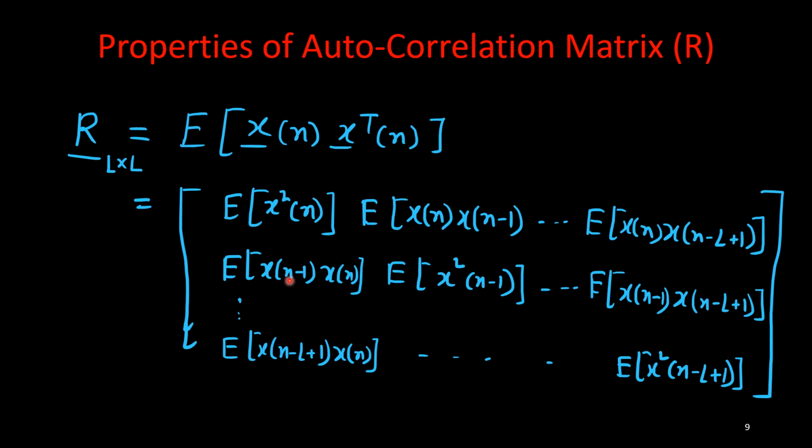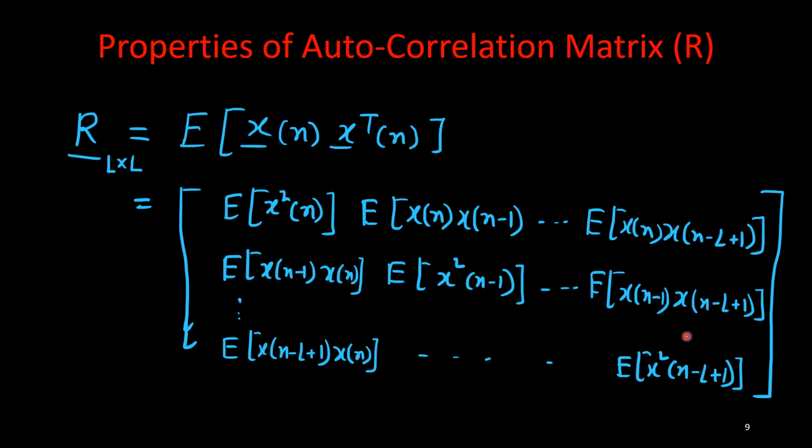In the second row, similarly, we start with x of n minus 1 and multiply with all of xn, xn minus 1, xn minus 2, and so on. So the first entry is the expected value of xn minus 1 times xn, the next is the expected value of x squared n minus 1, the next is the expected value of x of n minus 1 times x of n minus 2, and so on. The last element in this row will become the expected value of x of n minus 1 times x of n minus L plus 1.